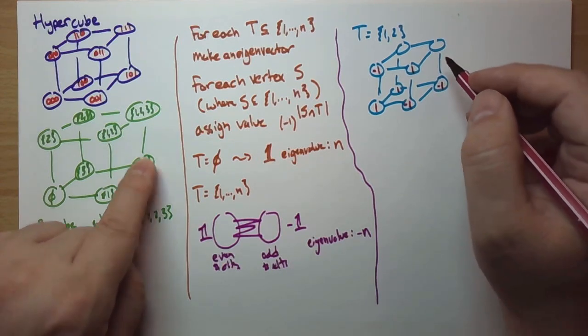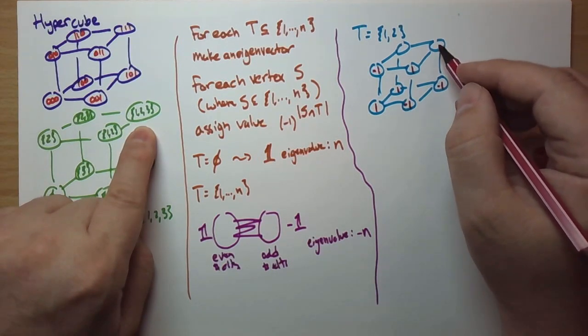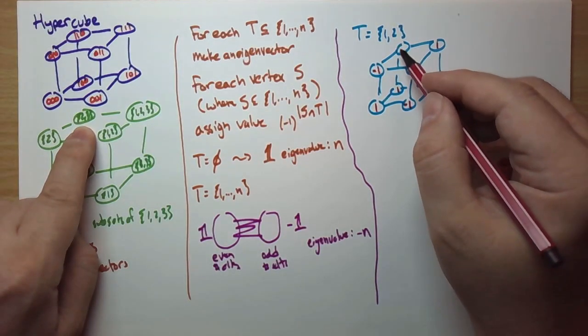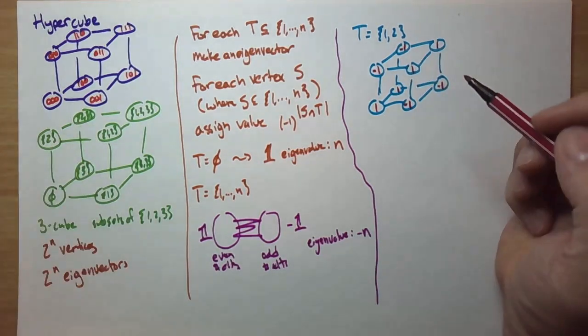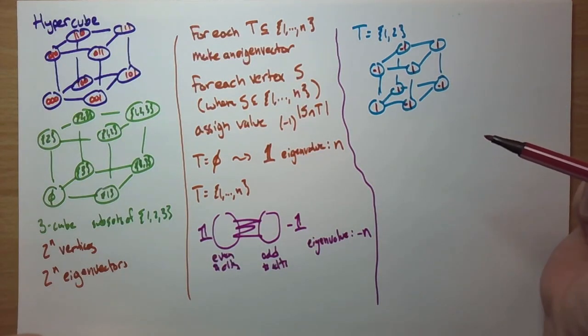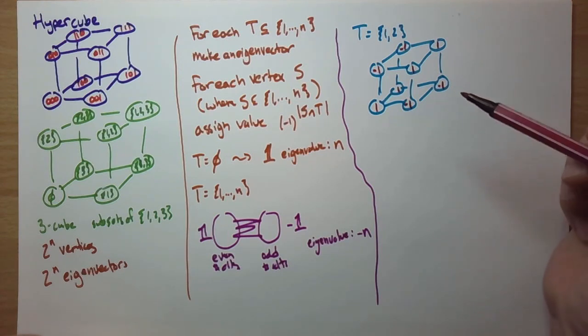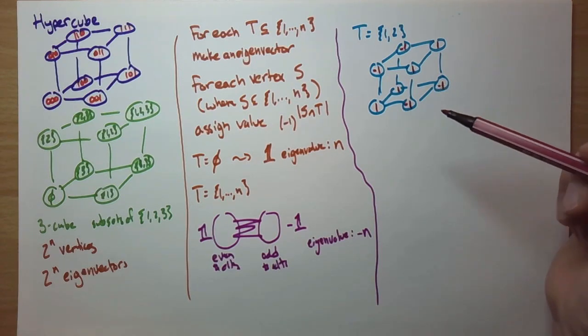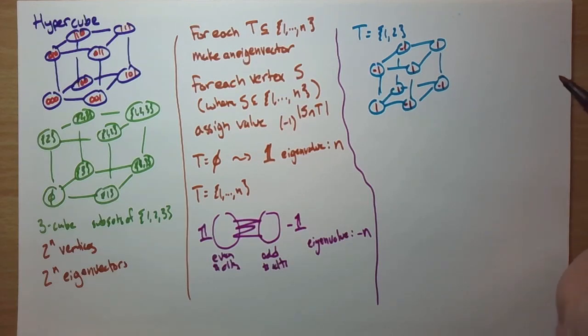So that's a negative 1. 1, 2, 3. Positive 1. 2, 3. 1. So it's a negative 1. So it's just, like the front face that you've drawn there, it's just taken an eigenvector for that graph and duplicated it, sort of, in some sense, yes.